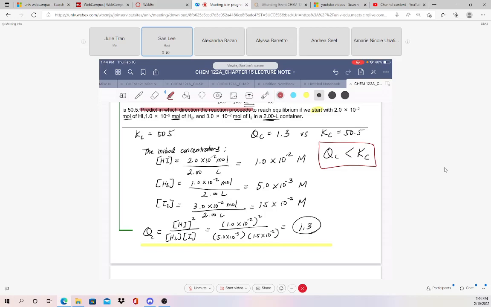It's asking how this reaction can reach equilibrium, by producing more product or by producing more reactant. In order for the Qc value to increase up to Kc, the numerator has to increase. The product has to increase in order for this reaction to reach equilibrium. So the reaction proceeds to make more products.